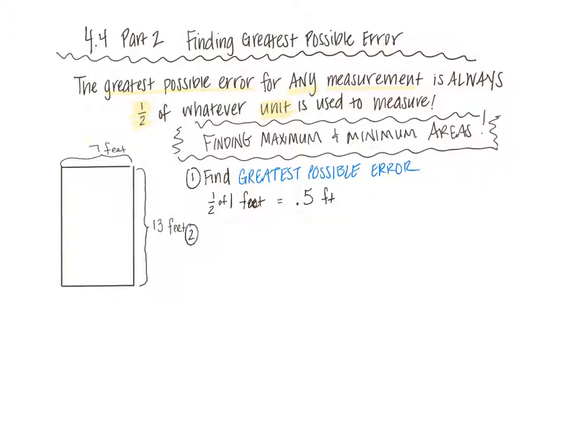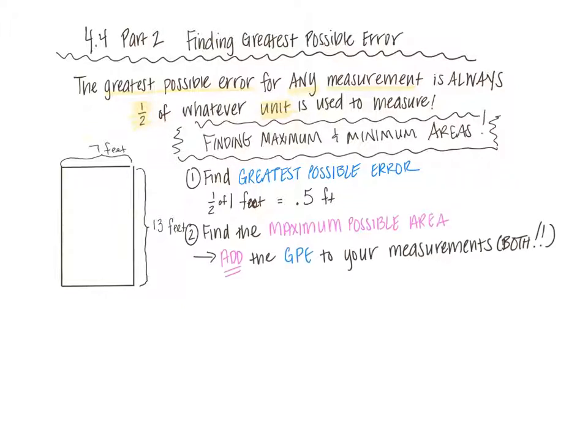Now I have to move on to step number 2. Now that I have my greatest possible error, I'm going to end up having to find the maximum area. So let's look at how to find that. If I'm wanting to find the maximum possible area, then I need to find the greatest possible error and add it to my measurements. So if I'm looking at this 7-foot width, it could be that if I'm off by half a foot, it's 7 feet plus 0.5 feet, which is what?